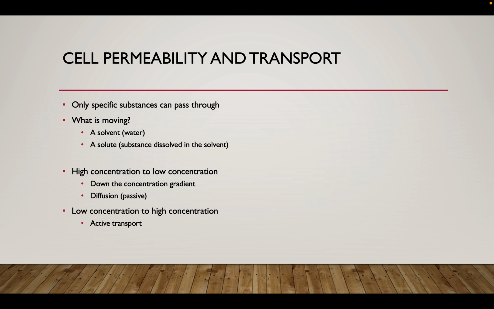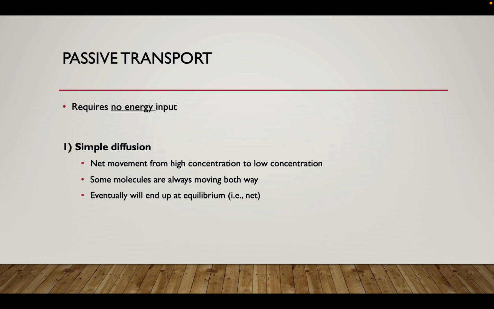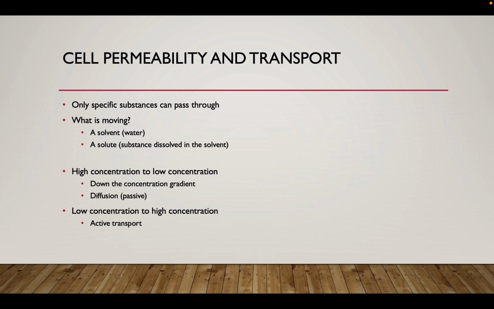Now, the way things move within cells and out of cells is that they generally move from an area of high concentration to low concentration, and they move in that direction without the use of energy. Okay, it is a passive process. It's called moving down its concentration gradient. You're moving from somewhere where it's highly packed to somewhere where it's less packed.